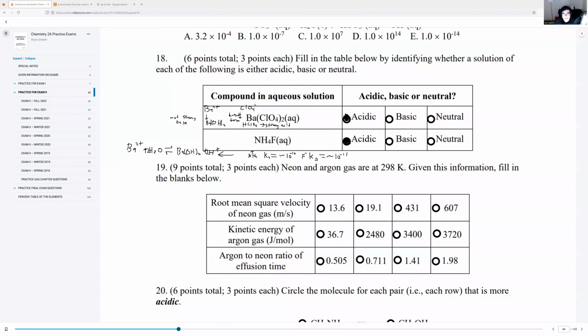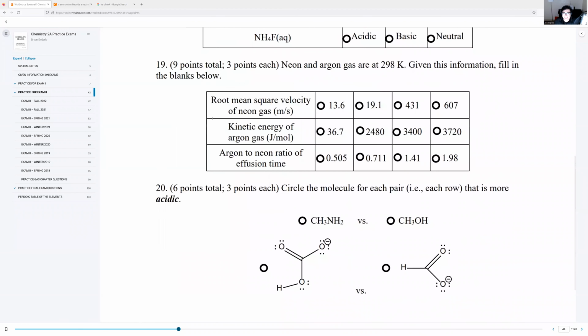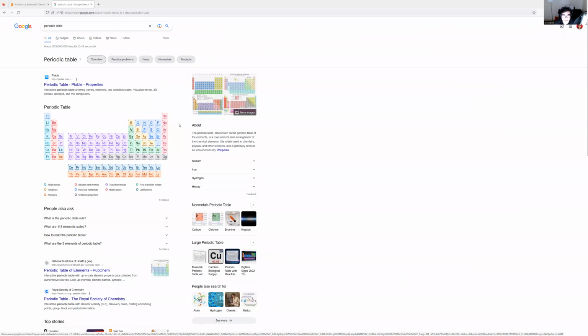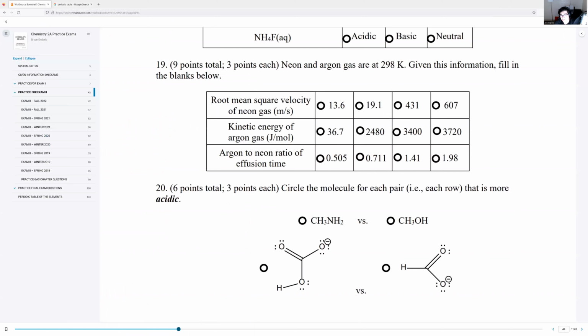All right, next is 19. So 19 says neon and argon gas are at 298 Kelvin. Given this information, fill out the blanks below. What is the root mean square velocity of neon gas? If we pull up a periodic table, neon is around 20.